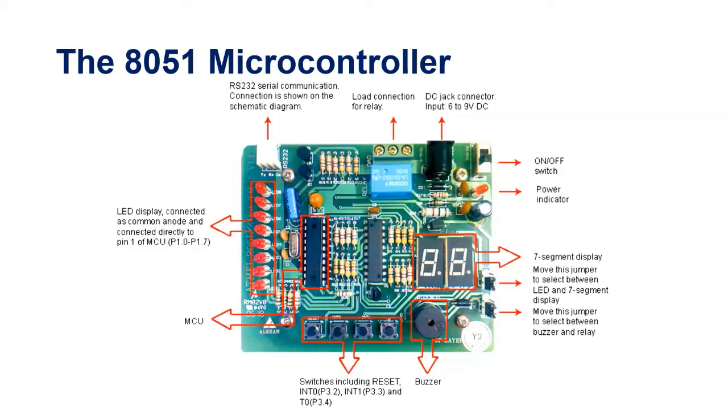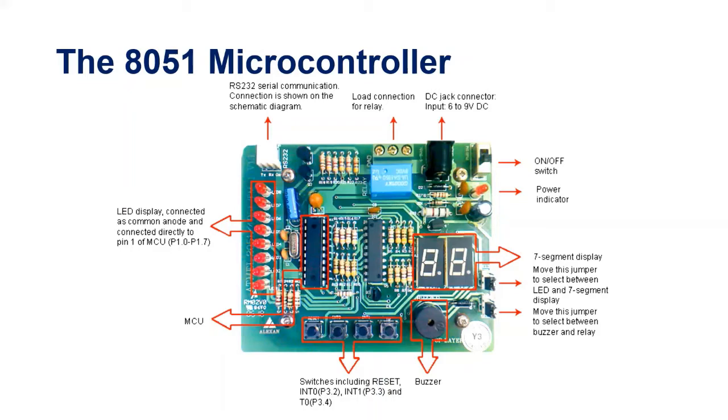Okay, so let's take first yung tinatawag nating inputs. So ano yung mga input ports or input components dito sa ating training board? Okay, so yung switches dito sa baba, which is INT0, INT1, and T0. So dun sa schematic natin or dun sa circuit natin, represented by port 3.2, port 3.3, and port 3.4.